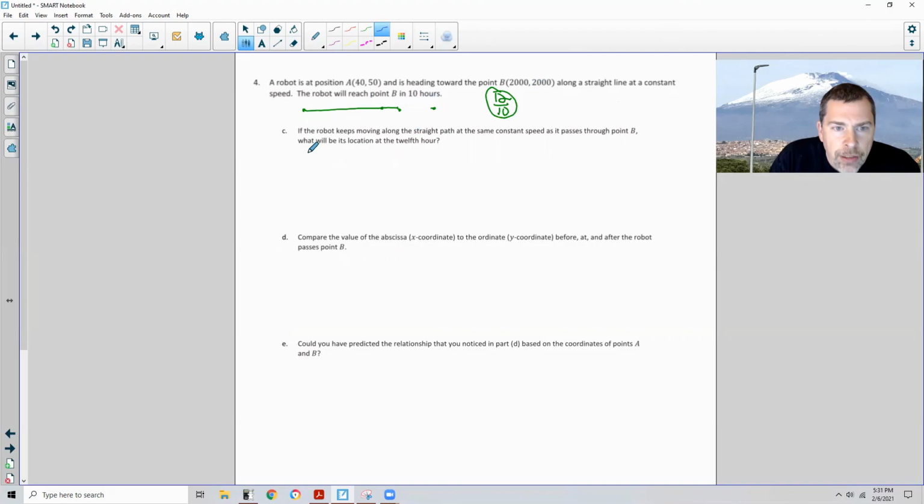So the formula is x1 plus our ratio 12/10 times x2 minus x1, comma, y1 plus our ratio times y2 minus y1. And that is going to give us the point beyond the 2000, which is here.